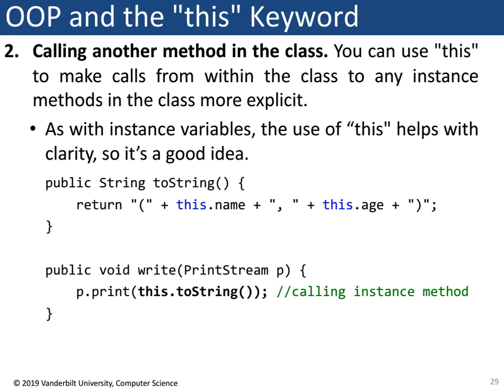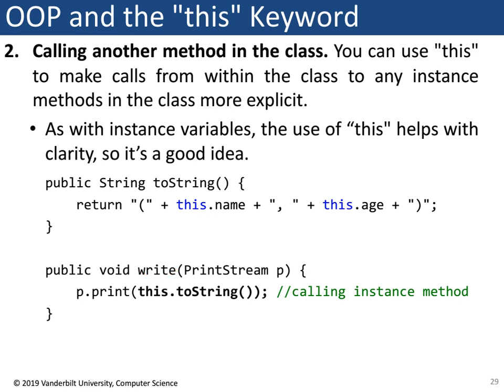Inside of write, we are passing in the parameter p, which is a print stream, and we want to call p.print, and pass the string as the parameter to the print method, which is generated by the toString method. You see, we want this same string that we generate using the toString method to be passed to this p.print method when we call write.